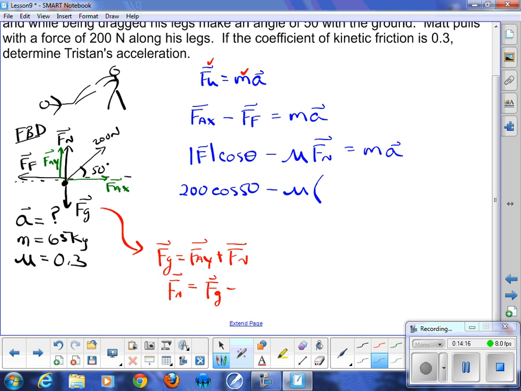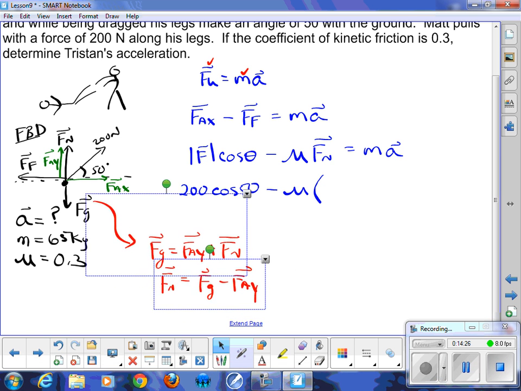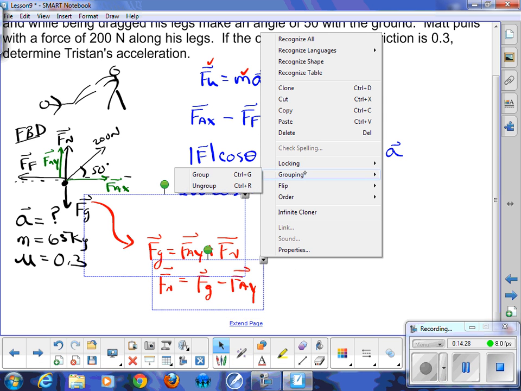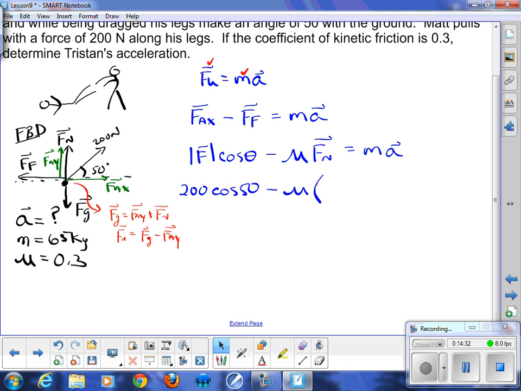In this case, we're going to have to subtract FAY. So it's actually reduced our normal force. So I'll just group that together here and shrink that down like that. And I'll finish this in the next video.